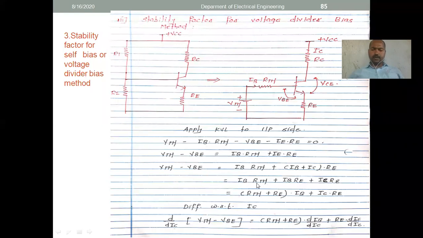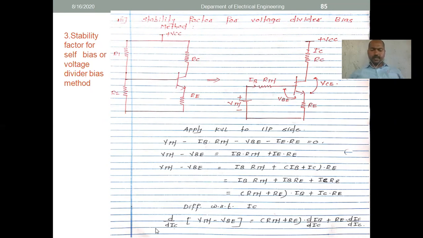So we take IB as a common term: IB into RTH plus RE, plus IC into RE. This is the equation. Now differentiate this equation with respect to IC, because when we calculate the stability factor, we need to differentiate everything with respect to IC.